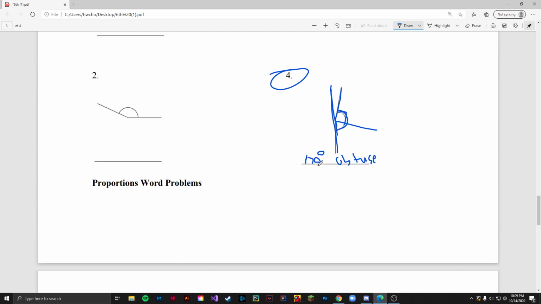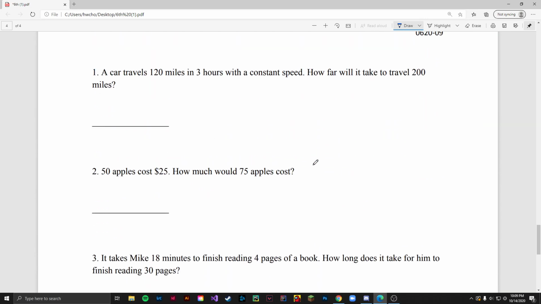Alright, on to the next page. A car travels 120 miles in 3 hours with constant speed. How long will it take to travel 200 miles? So, let's write out some facts. 120 miles in 3 hours. And we have to find what 200 miles is. Let's do the easy way here and find the miles per hour and then apply it to here, okay?